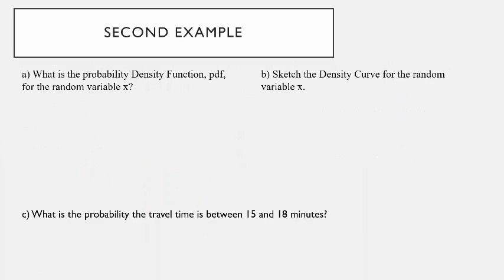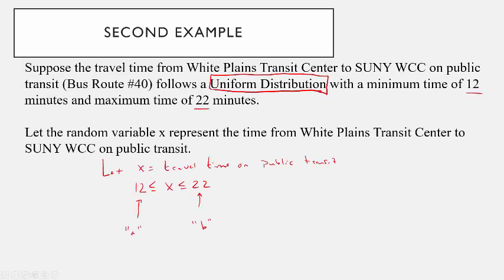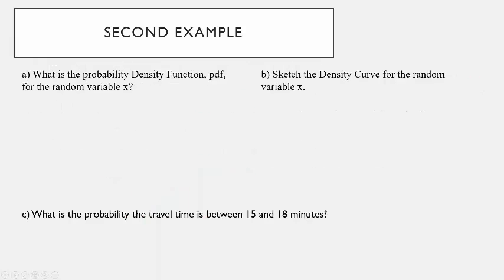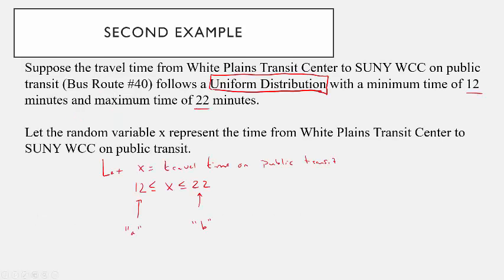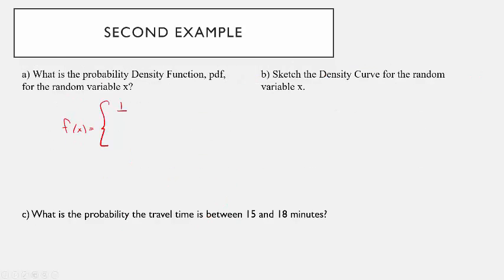All right, so 3 questions. What is the probability density function, PDF, for this random variable x, the travel time on public transit? Well, f of x is equal to 1 over b minus a, so 1 over 22 minus 12, for x between 12 and 22 and 0 otherwise.